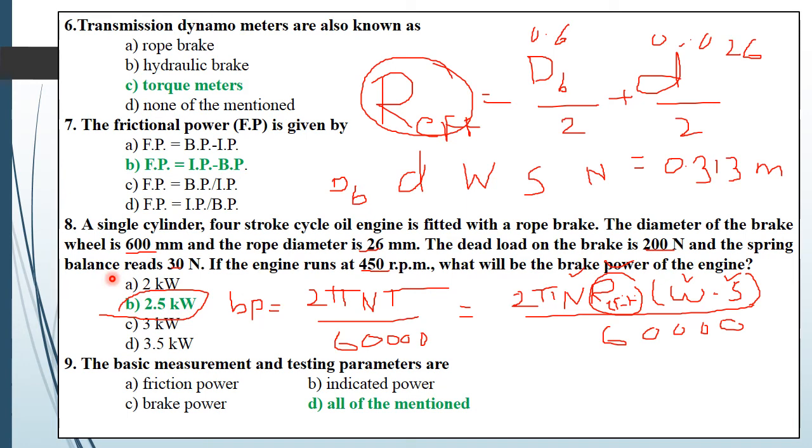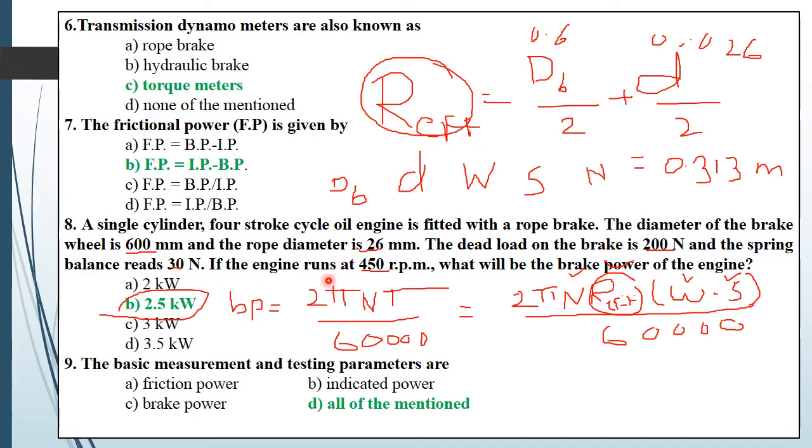Next, numericals are also asked in the MCQs. This numerical is asked frequently in university examinations. Same example: a single cylinder 4-stroke cycle oil engine is fitted with a rope brake. The diameter of the brake wheel is 600 mm and the rope diameter is 26 mm. The dead load on the brake is 200 Newton and the spring balance reading is 13 Newton.